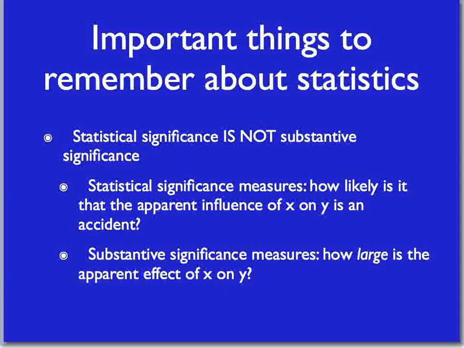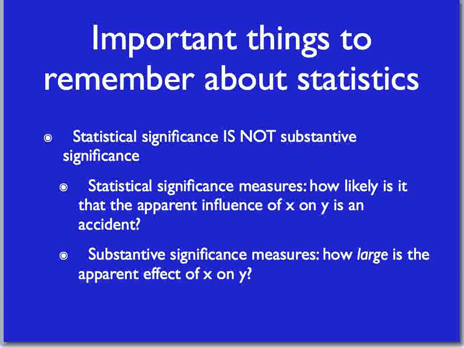Now I would like to ask you to remember something very, very important about statistics. We have this term statistical significance. It is extremely important to remember, absolutely crucial to remember, that statistical significance is not substantive significance.